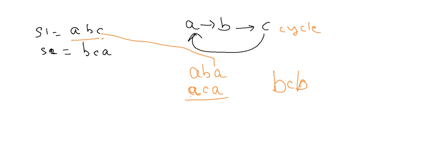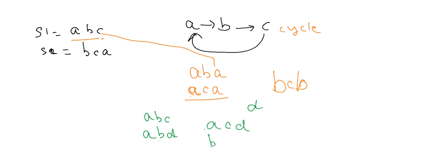So in order to break this cycle, we need one extra character. Let's say that extra character we are using is D. Okay, so we are going to replace this C with D. So we have this string A, B, C. We are going to replace this C with D, so we'll get A, B, D. Then we are going to replace this B with C, so we'll get A, C, D. Then we are going to replace this A with B, because that's what we want.